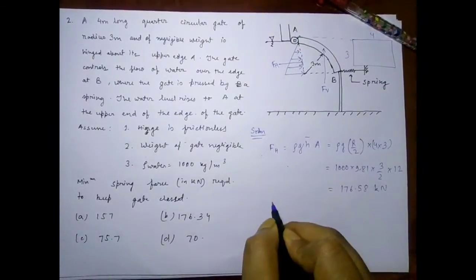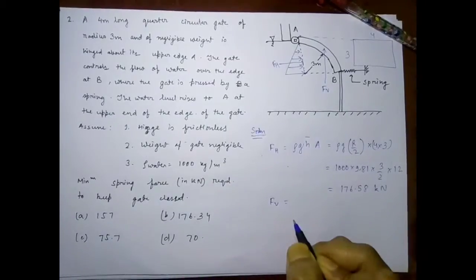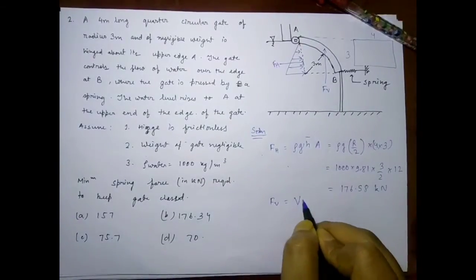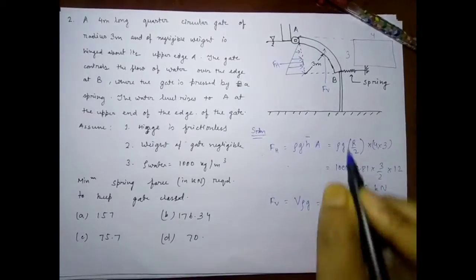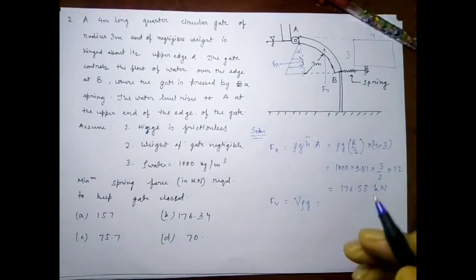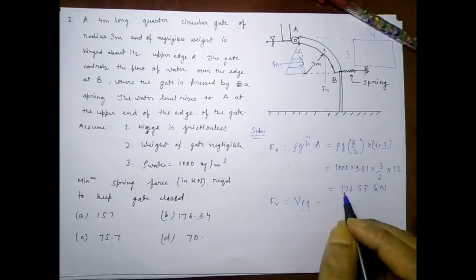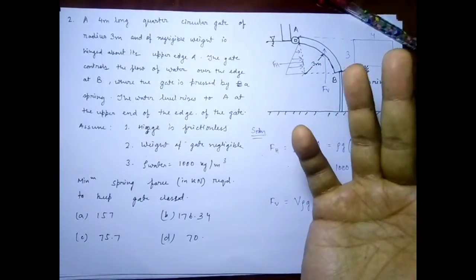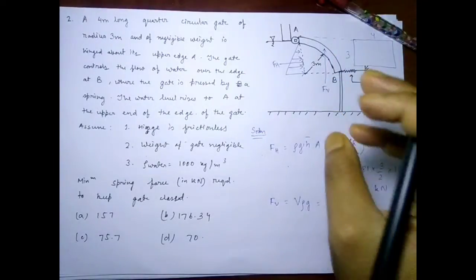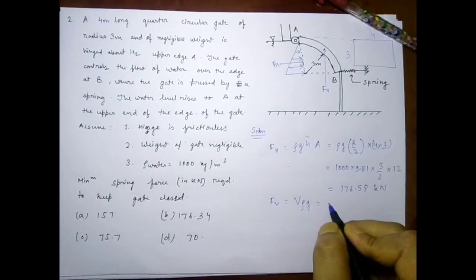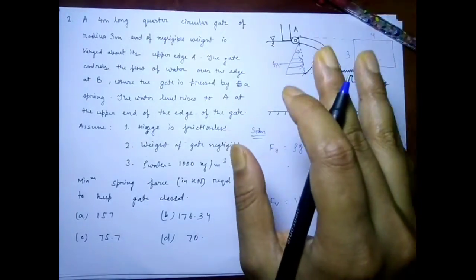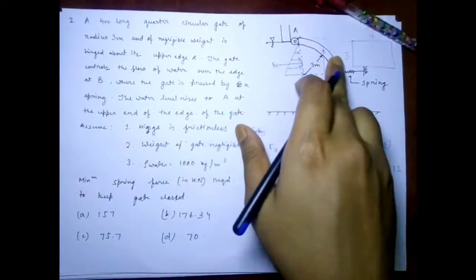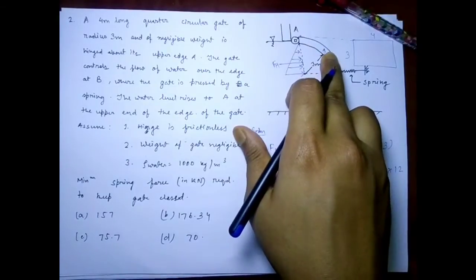Similarly, we have FV. So FV is basically V rho G, and V is basically the volume of the water that is being applied. So basically we will get the volume multiplied by the density and the gravitational acceleration, which will be the vertical force that will be acting on the gate.